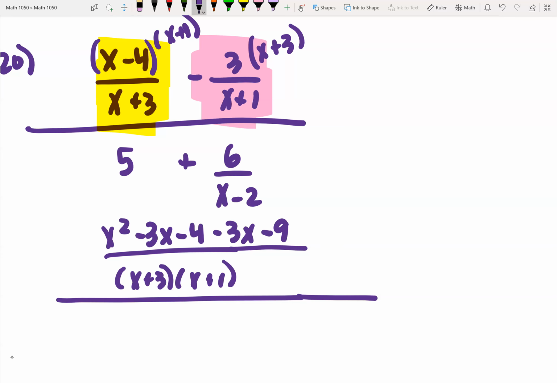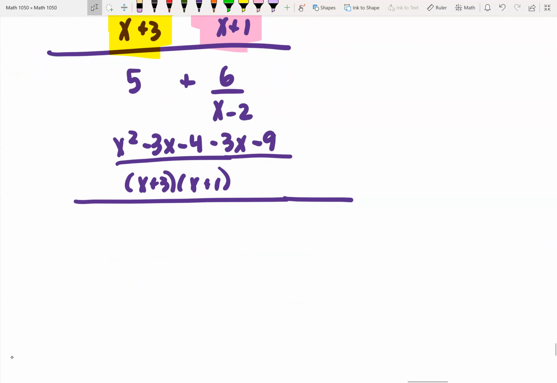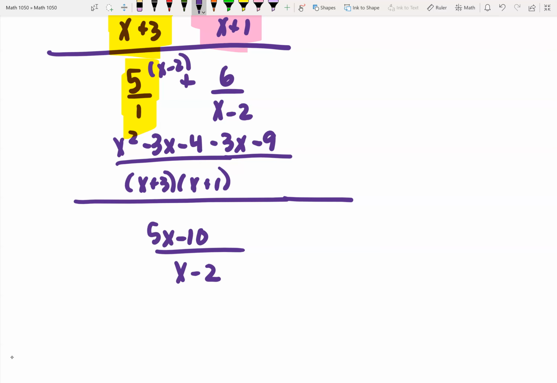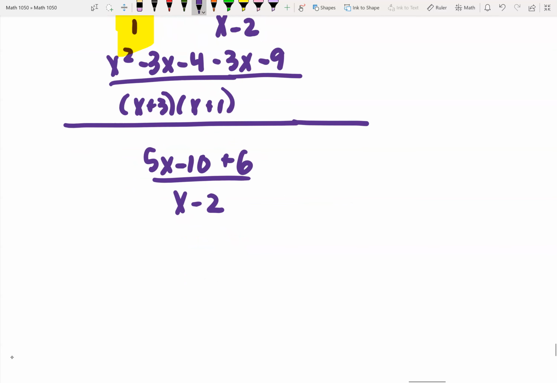So be careful. In the denominator, this is a 5 over 1, so your common denominator would be x minus 2. This guy right here is missing the x minus 2, so you distribute the 5 and you get 5x minus 10. The second guy is not missing the x minus 2, so you're going to go plus 6. Now I'm going to clean this up so it's x to the second.